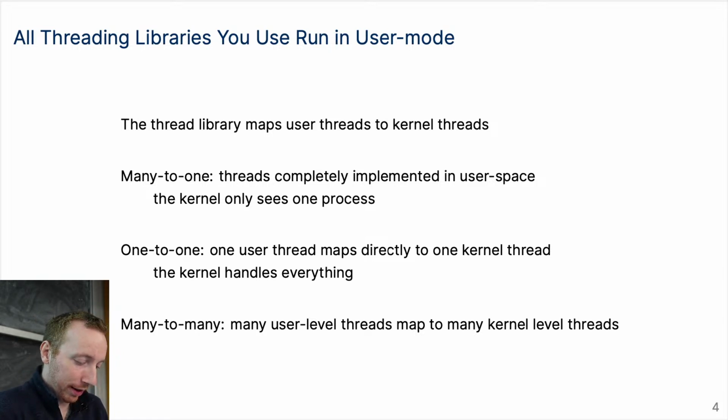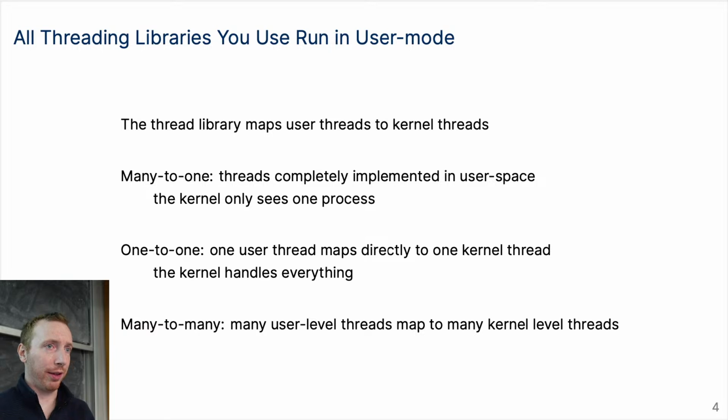One-to-one is where one user level thread maps directly to one kernel thread, providing your kernel has support, which pretty much all of them do now. Then the kernel handles everything, and that is how pthreads work. We can even strace something to see the exact system calls that pthreads use.